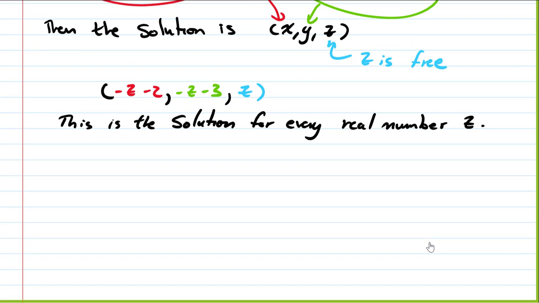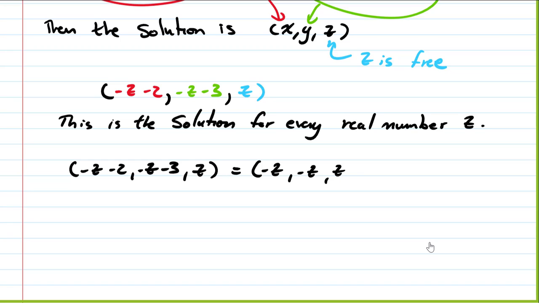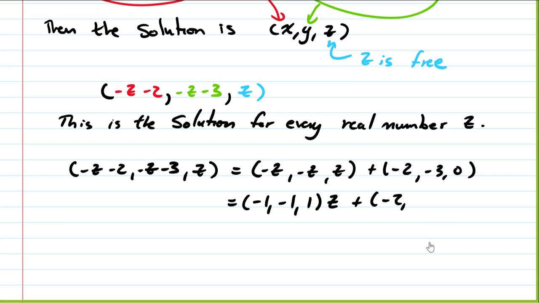So as an interesting side note, if we take -z minus 2, -z minus 3, and z, we could actually realize this as -z, -z, z, plus -2, -3, 0, or factoring out our z here, -1, -1, 1 times z, plus -2, -3, 0.